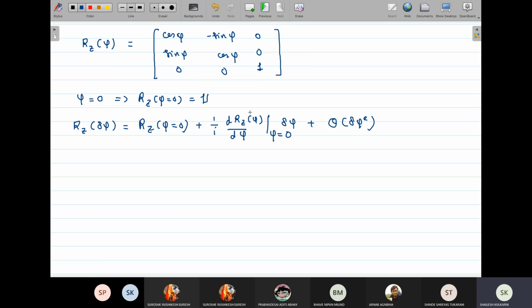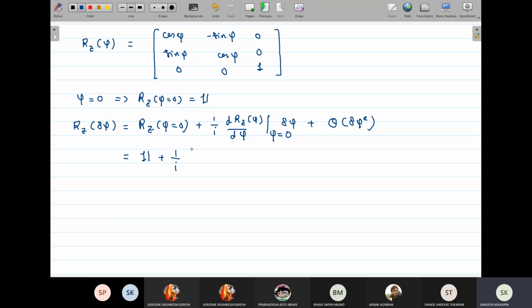We know this matrix, so what will be dRz by d phi? Rz at phi equal to 0 is the identity, plus 1 over i, dRz by d phi evaluated at phi equal to 0. The 1 over i is for convenience, and we'll come to know why there is this 1 over i factor.